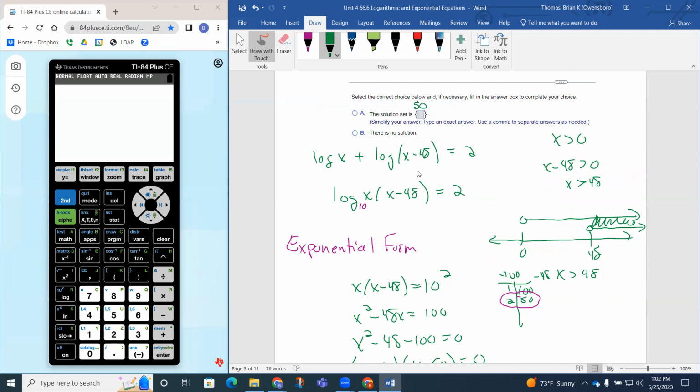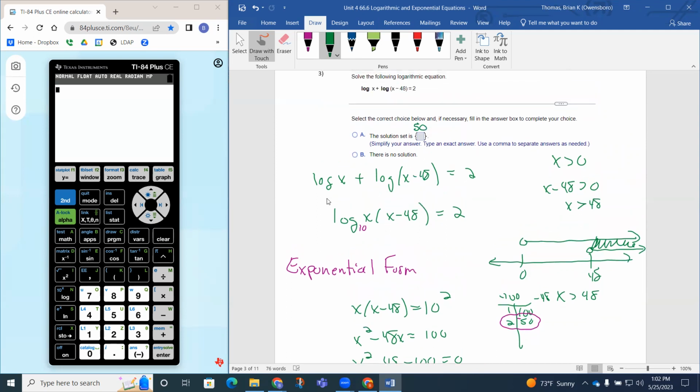So if I wanted to check it, if I put that into the problem, the log of 50 plus the log of 50 minus 48, does it give me 2? Yeah, it does check.